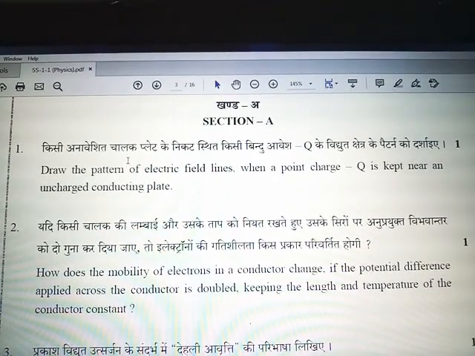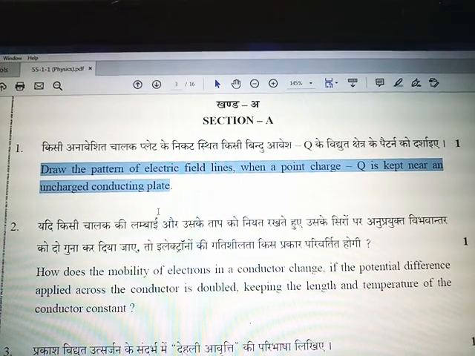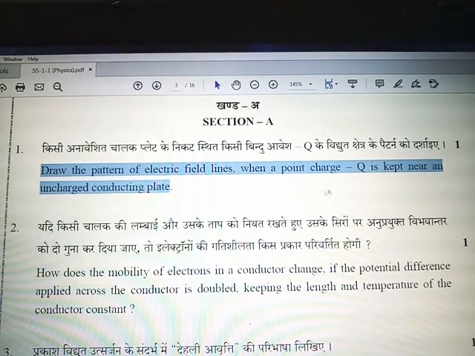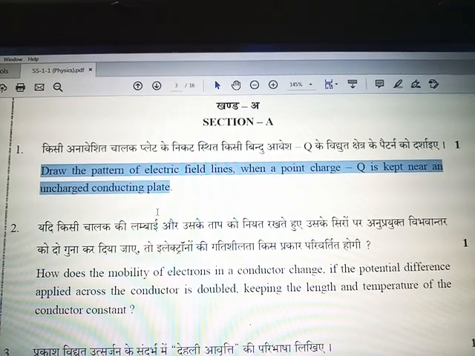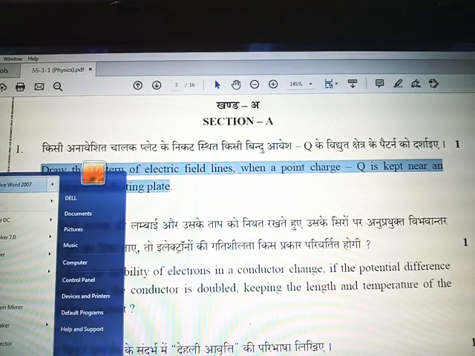And let's solve some board questions. Here is the board question, 2019. Know the pattern of the electric field lines when the point charge minus q is kept near a conducting plate. How will it be? So let me help you to draw this or to find the answer, right?